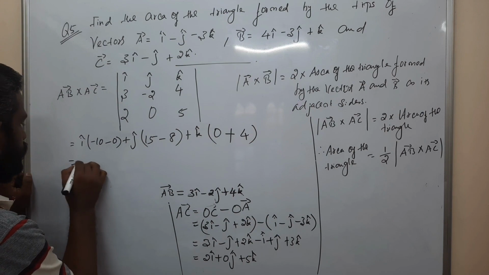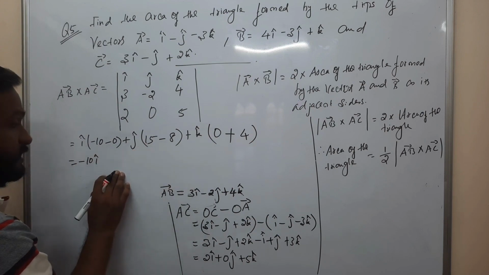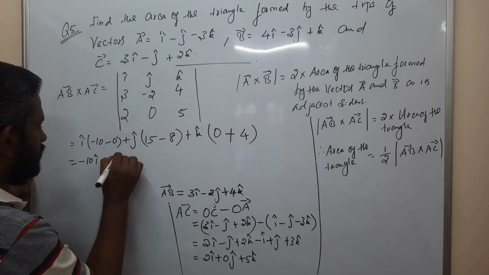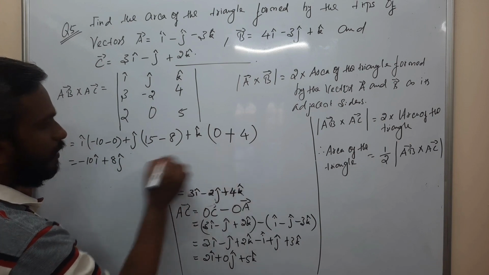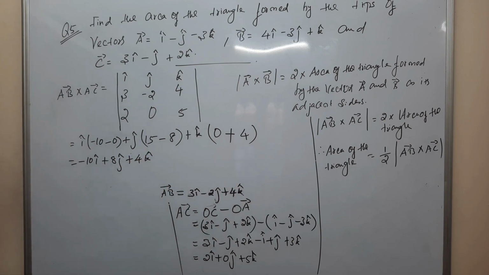So that's equal to minus 10 i cap, 15 minus 8, plus 8 j cap, plus 4 k cap.